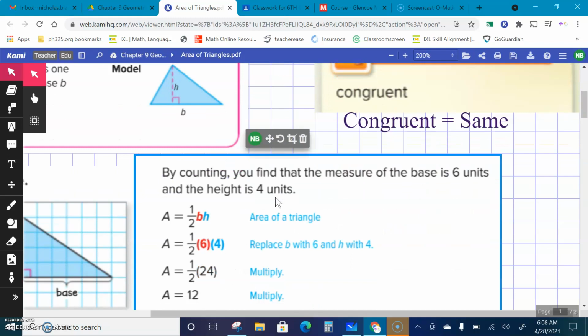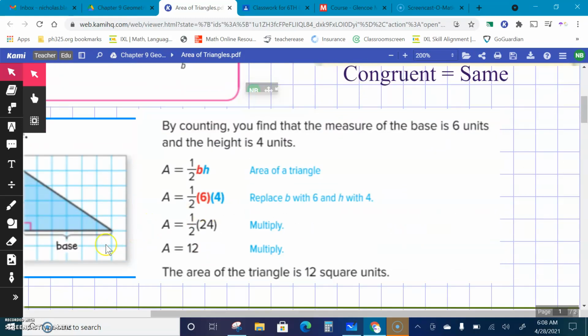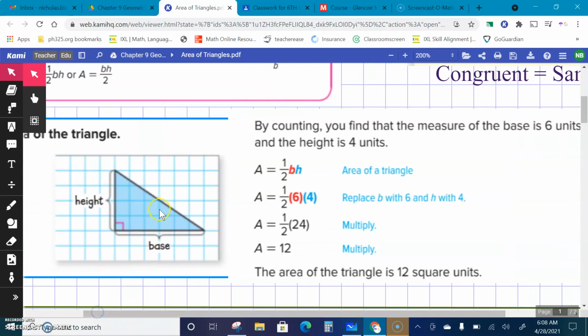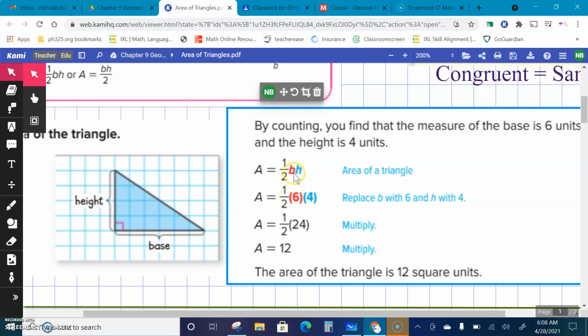Let's look at this formula and see how they're doing it. We took this triangle right here and generated the base, which is the red B, is 6, and the height is 4. We're not paying attention to the fraction right now, but you cannot ignore the half.